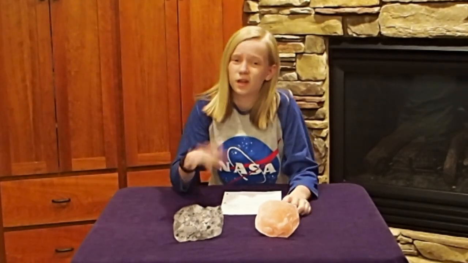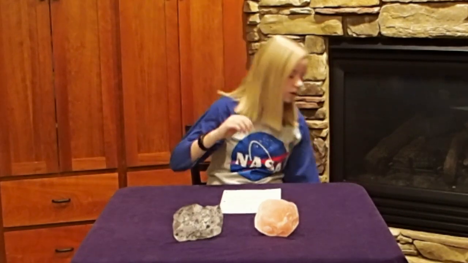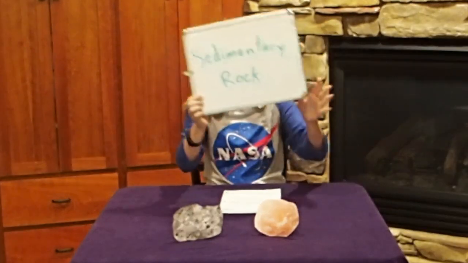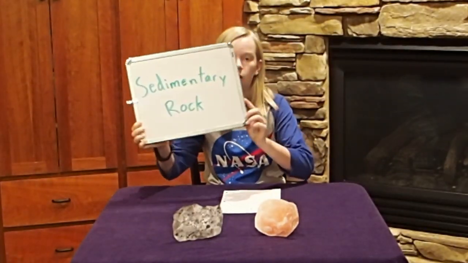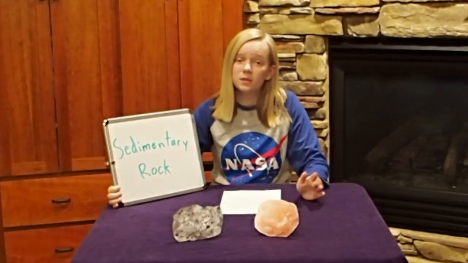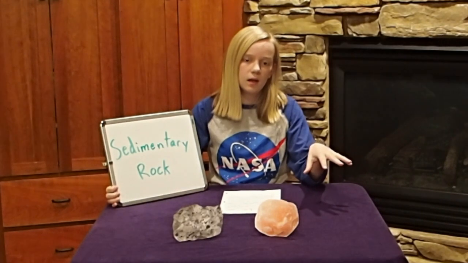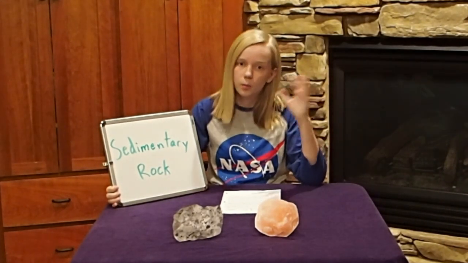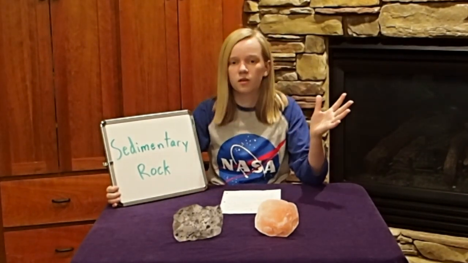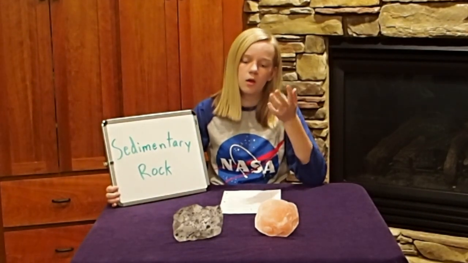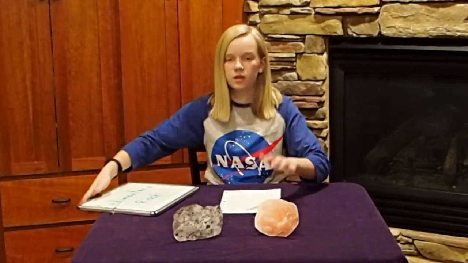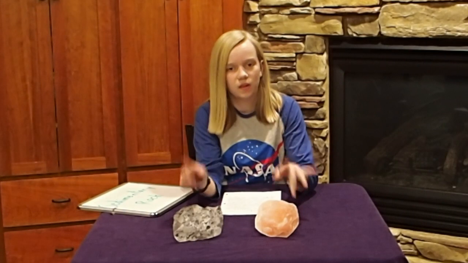The next rock I'll be talking about is sedimentary rock. Sedimentary rock is formed when sediment is compacted with pressure. Here in front of me, I have two examples of sedimentary rock, but they are different. One's clastic and one's non-clastic.